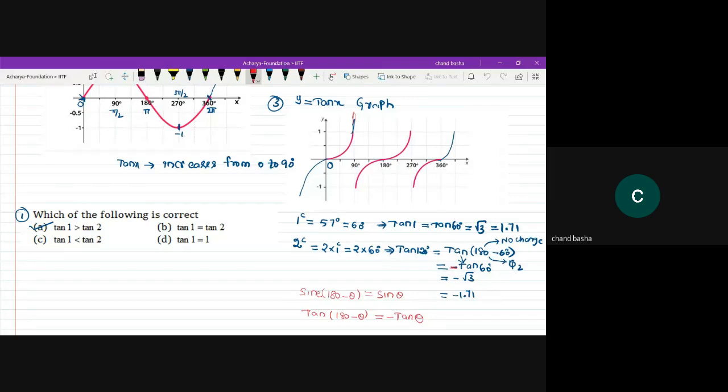Because trigonometry will create a problem in future, guys, not only in maths, but also in physics and physical chemistry. We have one topic, physical chemistry. That entire part is a calculation part.